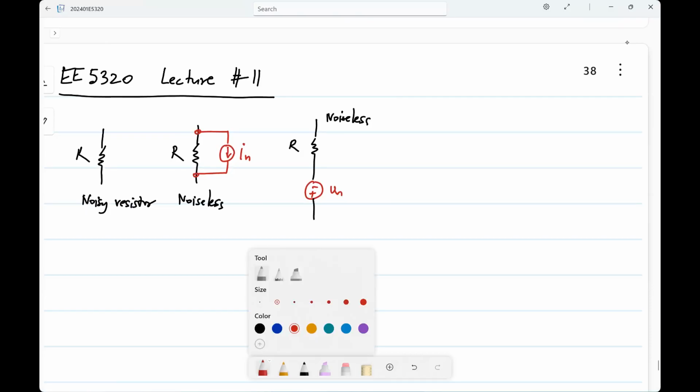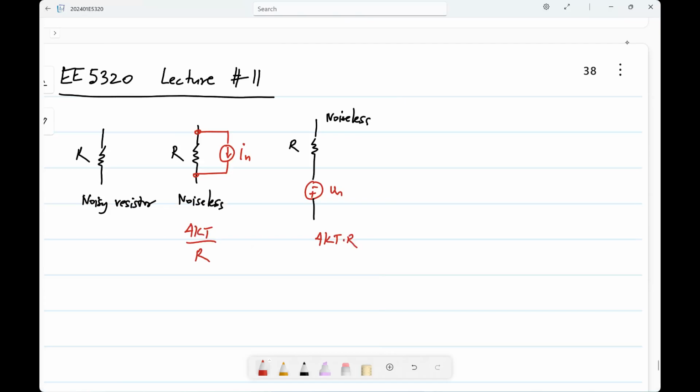The spectral density of In is 4kT by R and spectral density of Vn is 4kT times R.